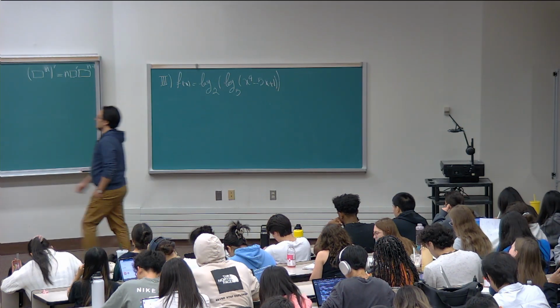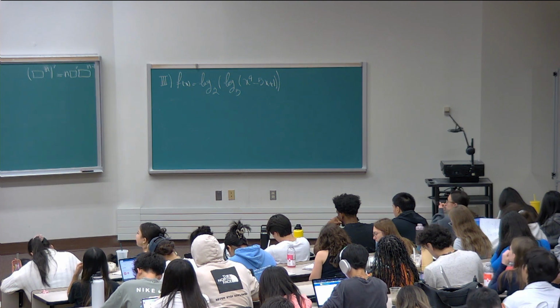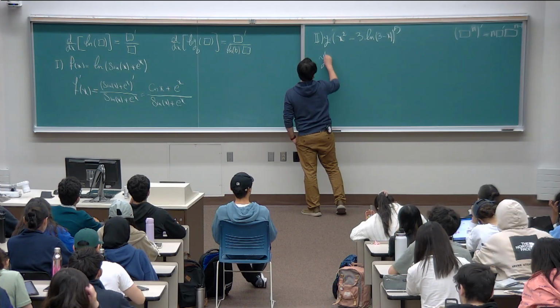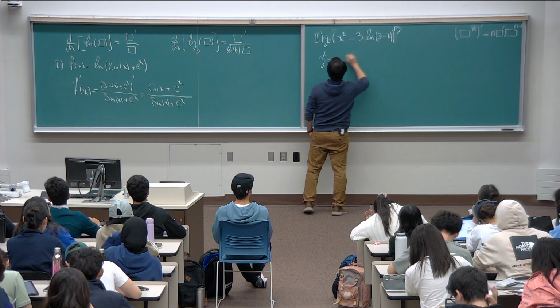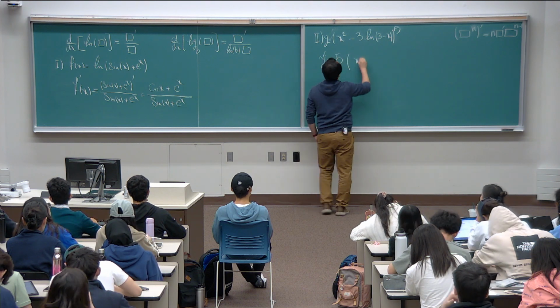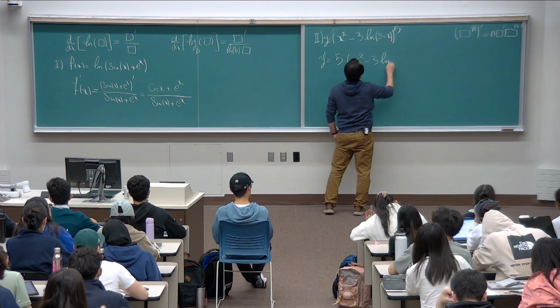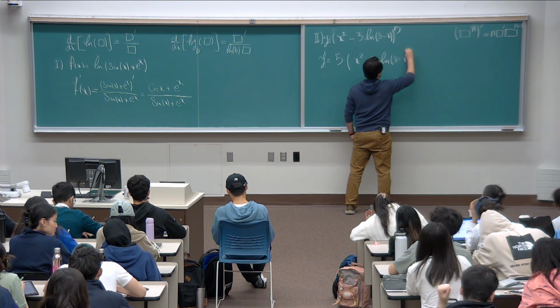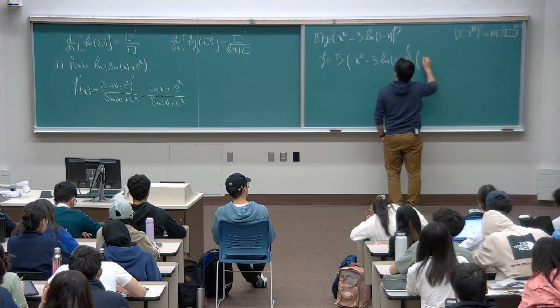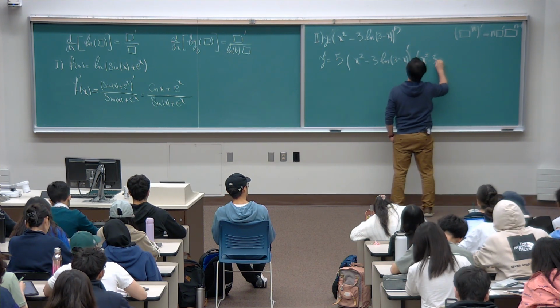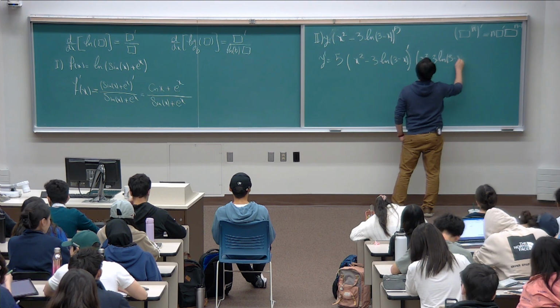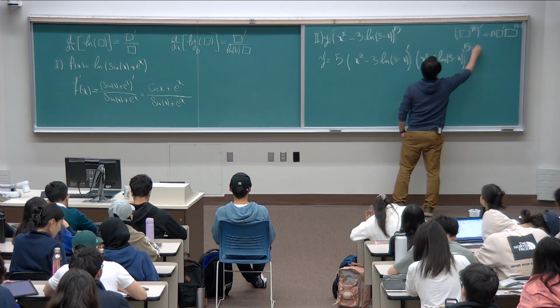So if y equals box to the power n, then y prime is going to be n times box to the power n minus 1 times box prime.